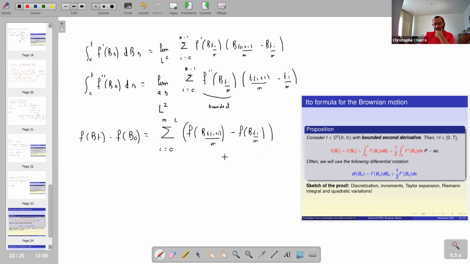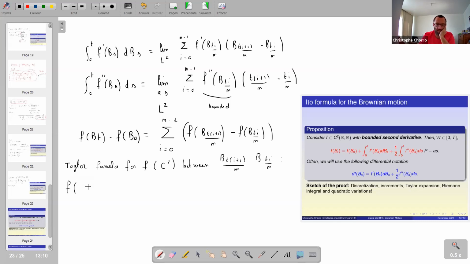So I want to pass from this difference to something in relation with the derivative, and in this way we are going to use the Taylor formula. So I apply the Taylor formula for f. f is C2 with bounded derivatives, so I can apply the Taylor formula between the points B_{t_{i+1}/n} and B_{t_i/n}.